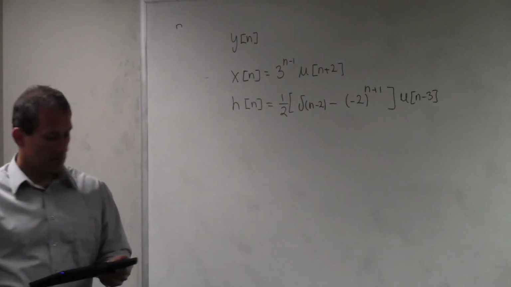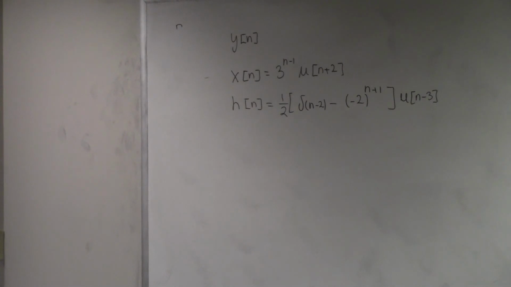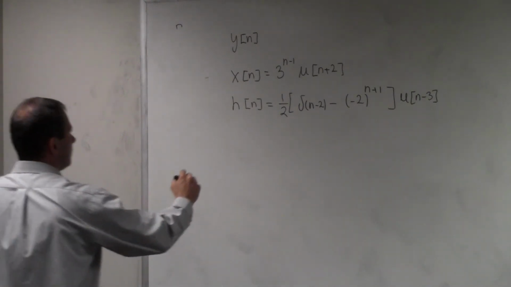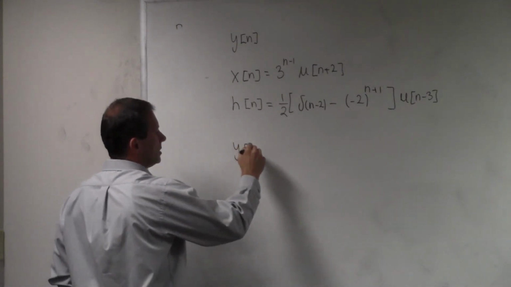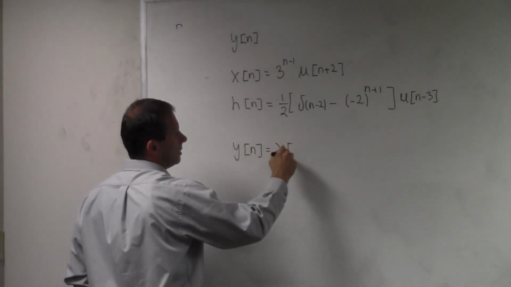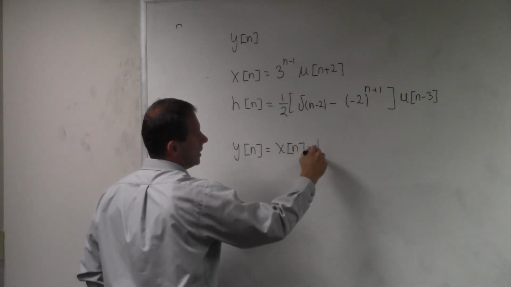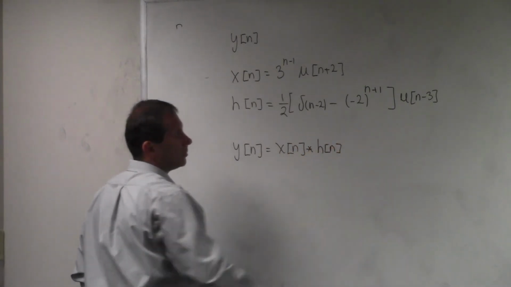So you have an input and an impulse response, and we know what the output is. y of n is equal to x of n convolved with h of n. Right, this is our output.